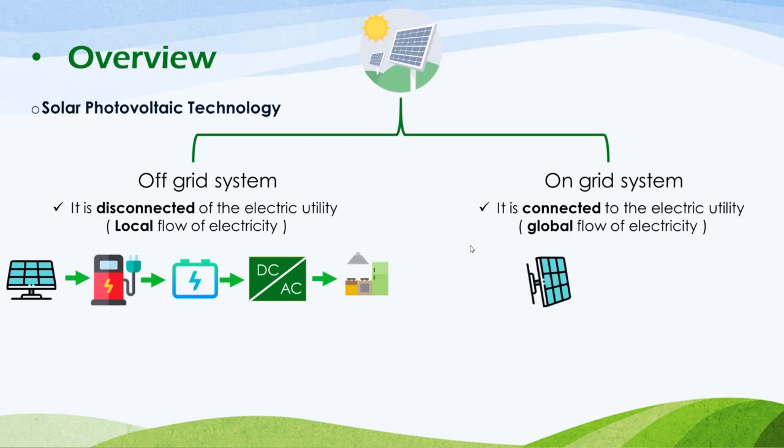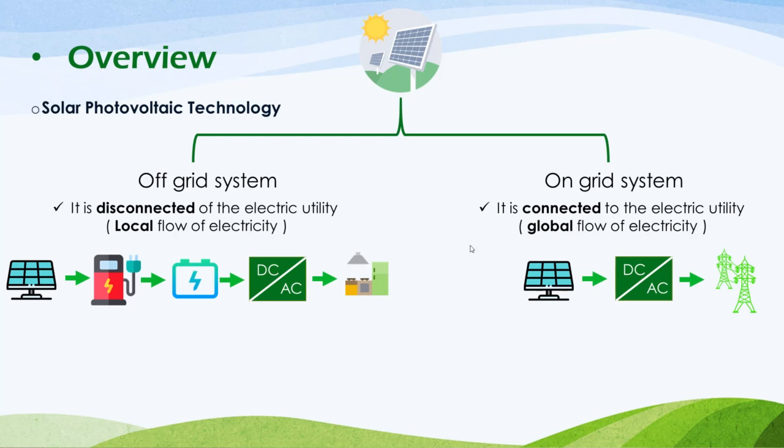Here the DC current comes out of the solar panel, is converted by the inverter from DC to AC power, and then this AC power is injected directly into the grid. So this is the basic difference between the off-grid and the on-grid solar systems, and for this reason the on-grid solar system produces a global flow of electricity, as it's injected directly into the global grid.